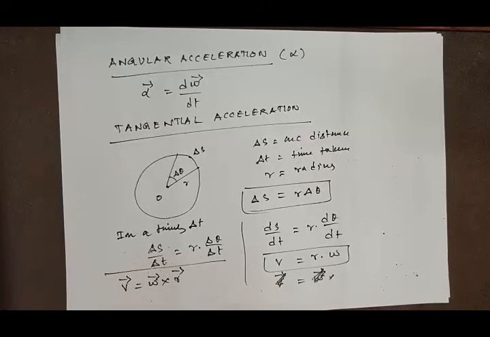Okay, please note down that the omega and r vectors are at right angle. Right angle means they are perpendicular to each other.